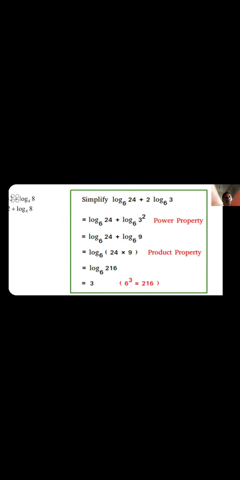Next, see the box. Here one question is saying simplify log 24 plus 2 into log 3. So 2 into log 3 we can write as log 3 square, power property, and by product property we can write as one term, that is log 24 into 9, that is 216, and it is expressed as 6 power 3.